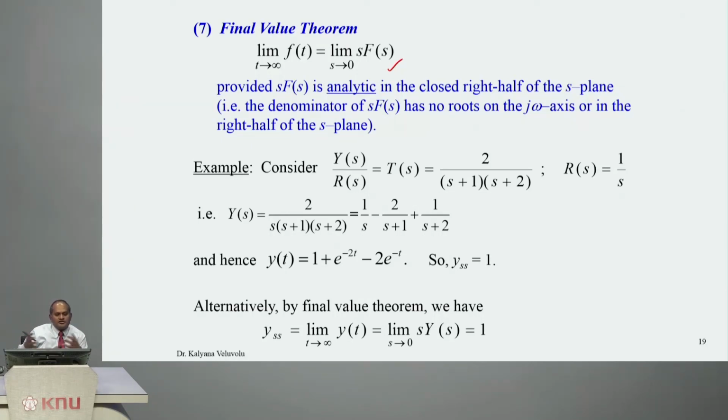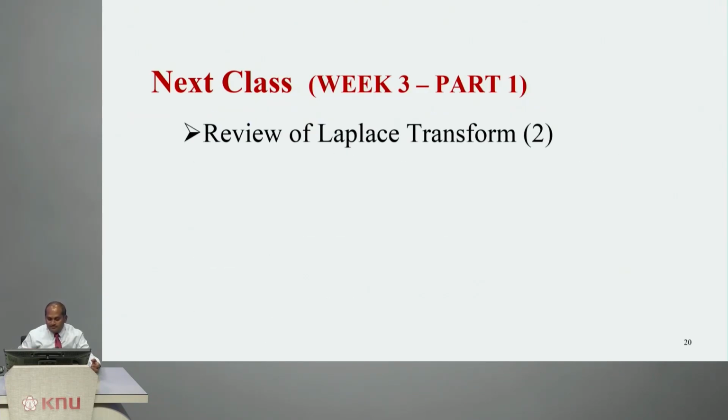Is the system stable, with a finite value? We're going to see that from the final value theorem. If the system is stable, then we can find the final value. We're going to come back to this slide later, so don't worry. We will discuss this one after the Laplace transform is over.